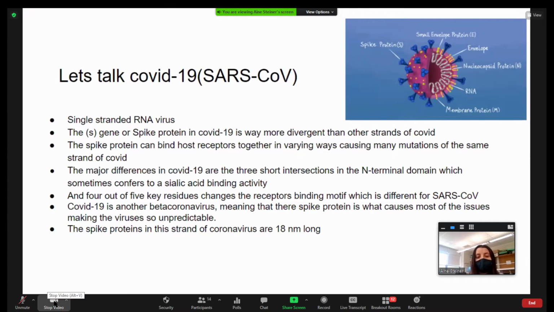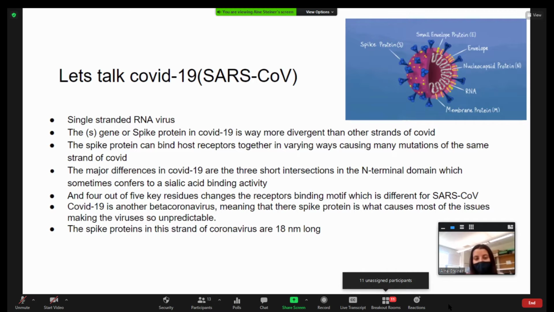So COVID-19 is a single-stranded RNA virus, and the S gene, or the spike protein, in COVID-19 is way more divergent than in any other strains of coronavirus. The spike protein can bind host receptors in varying ways and cause many mutations in the same strain. The major differences in COVID-19 are the 3 short insertions in the N-terminal domain, which sometimes confers sialic acid binding activity.